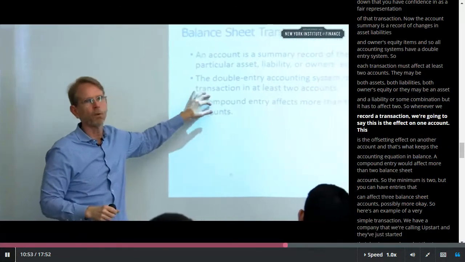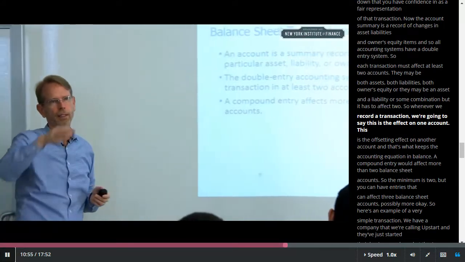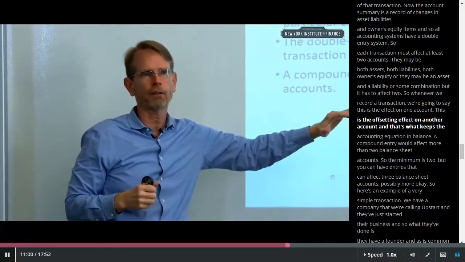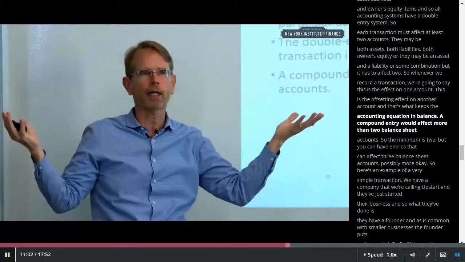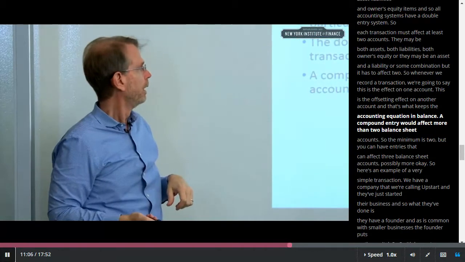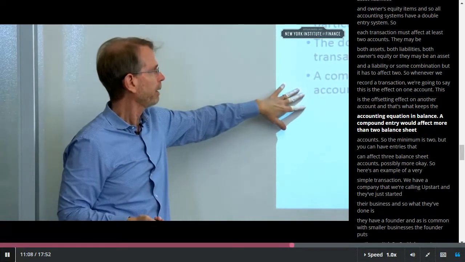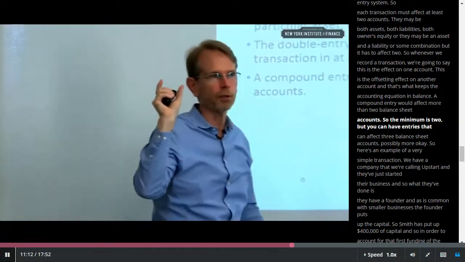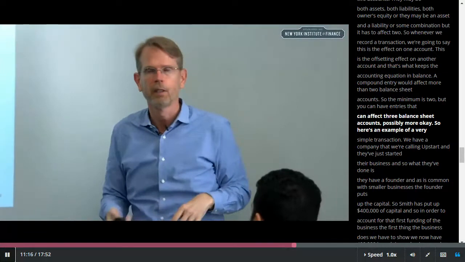So whenever we report a transaction, we're going to say this is the effect on one account, this is the offsetting effect on another account. And that's what keeps the accounting equation in balance. A compound entry would affect more than two balance sheet accounts. So the minimum is two, but you can have entries that affect three balance sheet accounts, possibly more.